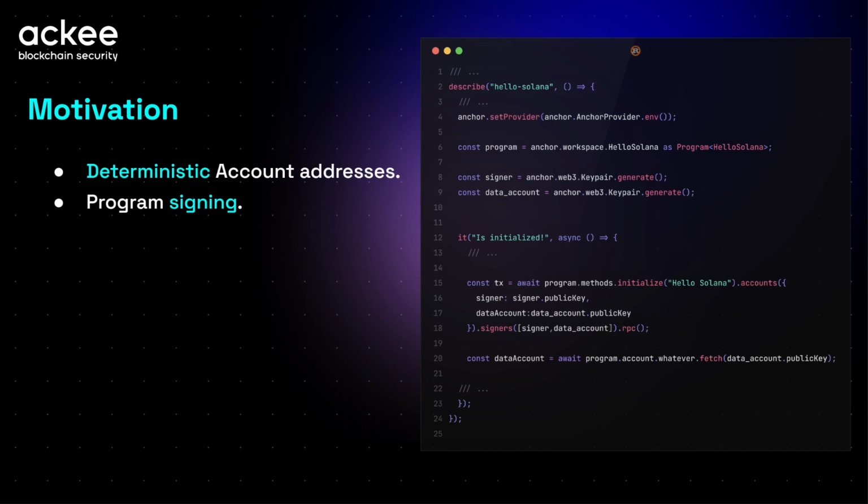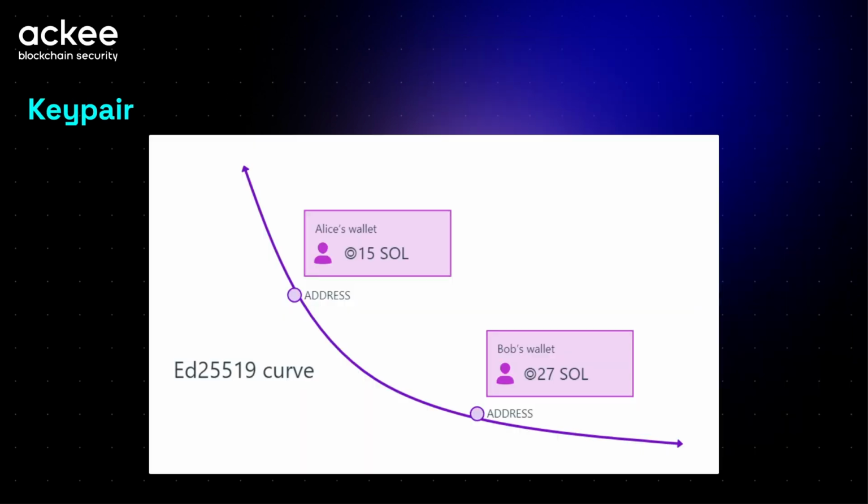I said the PDAs do not have their corresponding private keys, but they still can be used in order to sign the cross-program invocations, not the transactions directly from off-chain or from the tests, but you will see that you can use them during the cross-program invocations. This is from the motivation part.